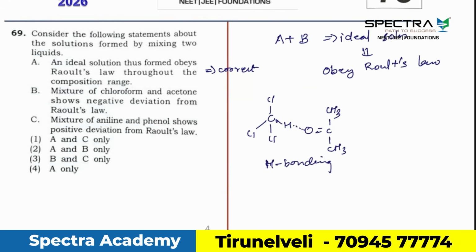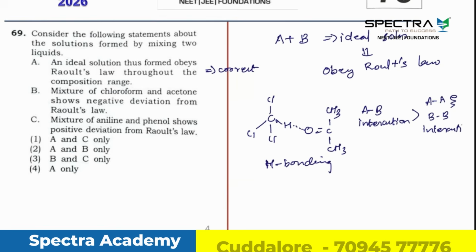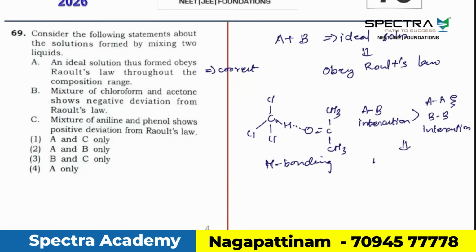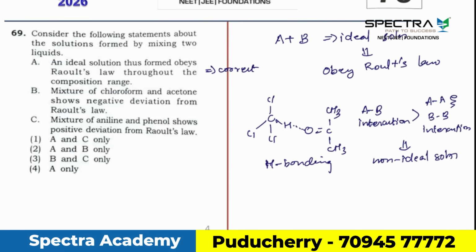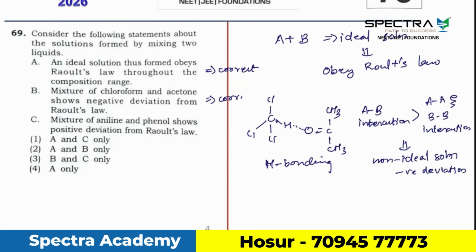So due to this, the solute-solvent interaction will be greater than solute-solute and solvent-solvent interaction, which makes this combination a non-ideal solution with negative deviation. So statement B is correct.